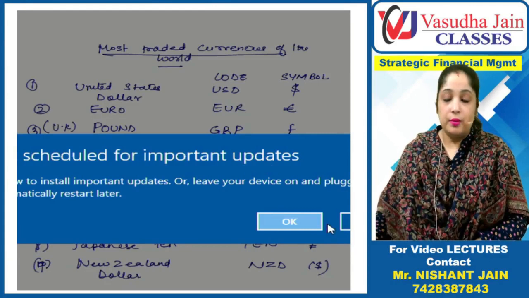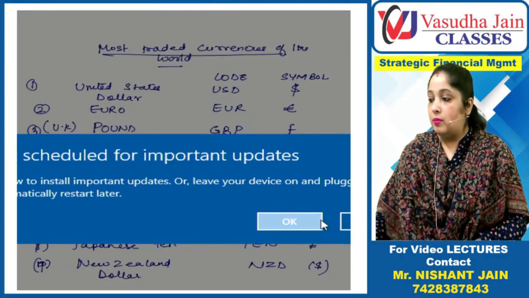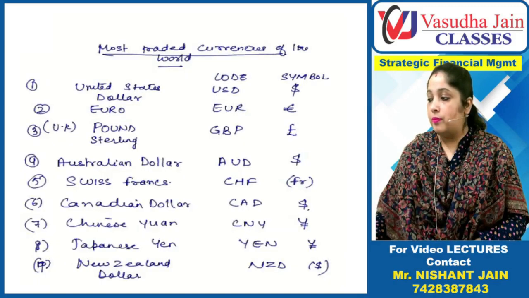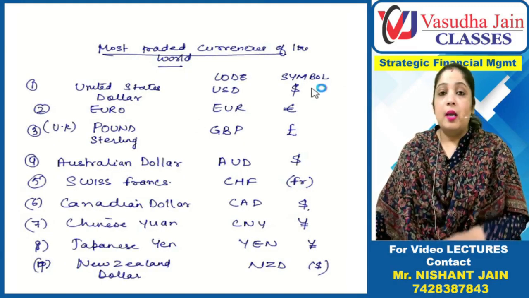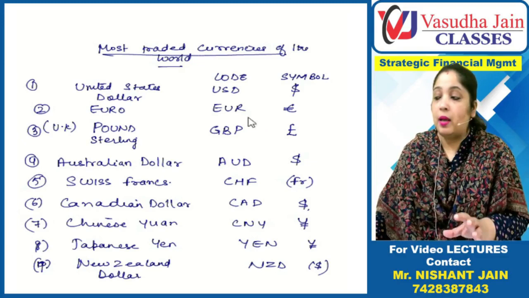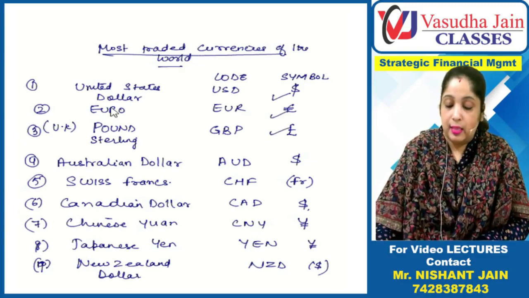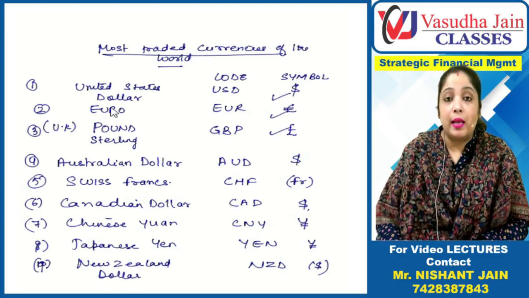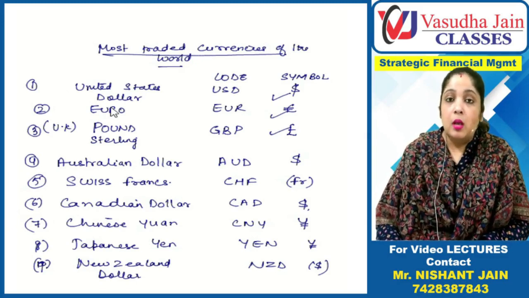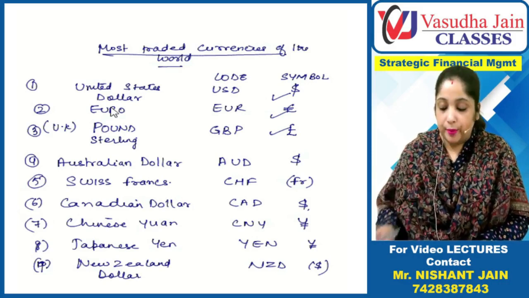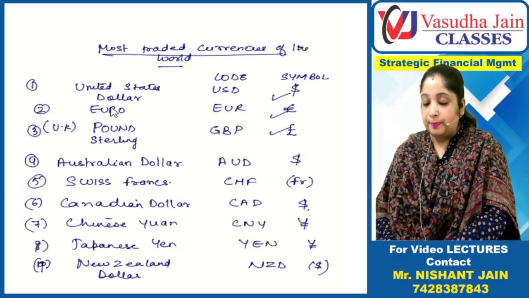These are the most tradable currencies. Which tradable currencies are there? Three currencies, this and this and this currency is the most tradable currency. Pound, euro and dollars, that is American dollars or USD. Okay, write more currencies please.